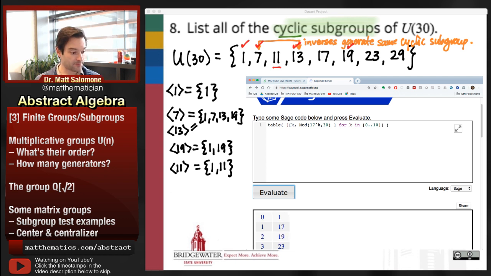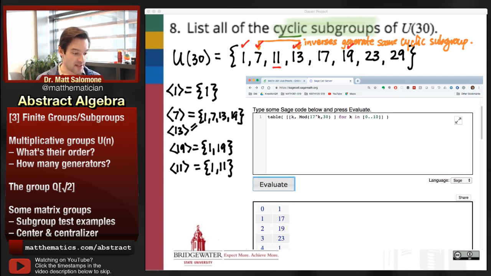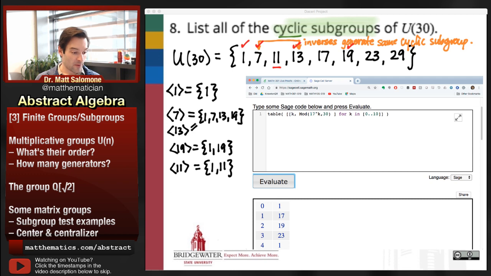So that takes care of 11. We can do 17. When we do 17, we find out that similarly to 7 and to 13, we end up with a group of order 4, a cyclic subgroup of order 4. Namely, 1, 17, 19, and 23.